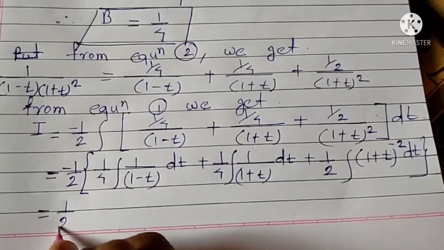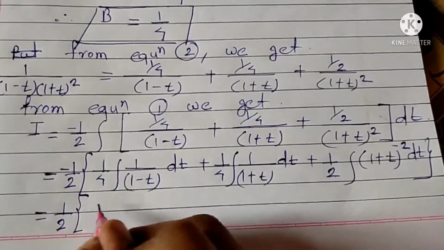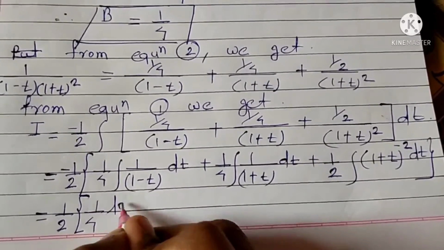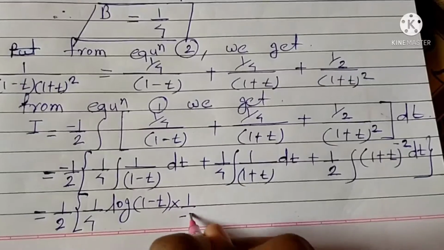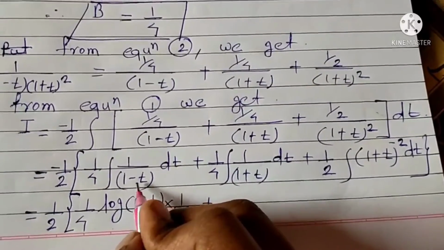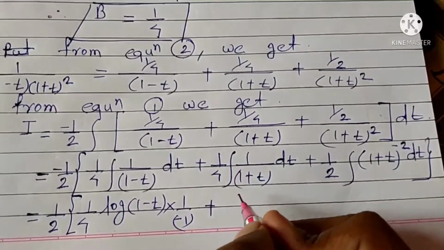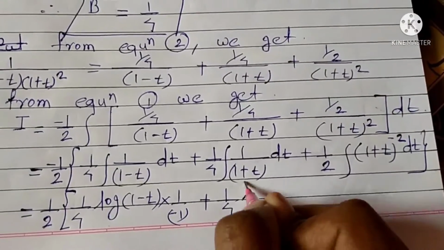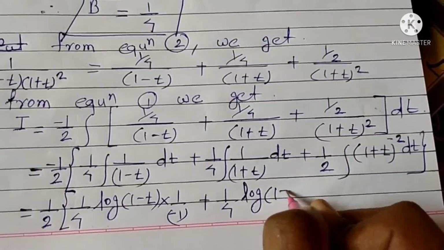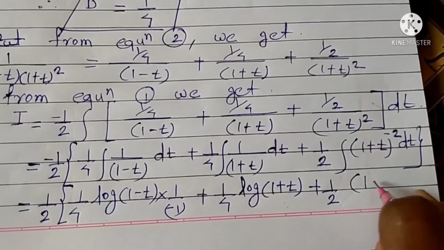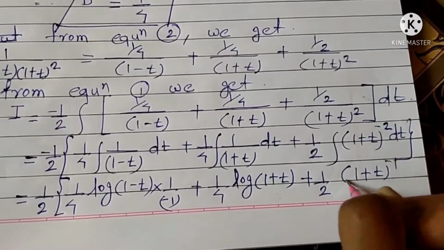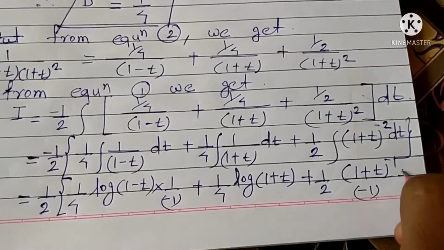Now take integration. So it is 1/4 log(1−t) times 1 upon −1, because the coefficient of t is −1, plus 1/4 log(1+t) plus 1/2 times (1+t)^(−1) upon −1, plus c.